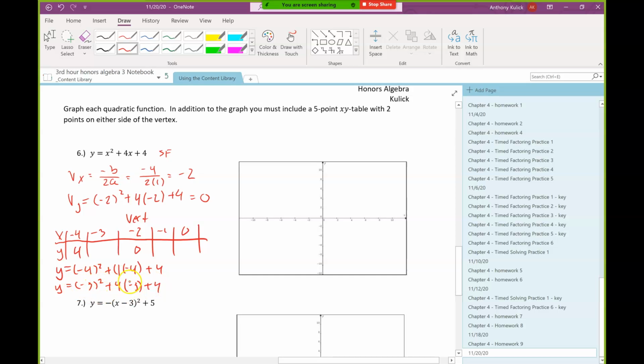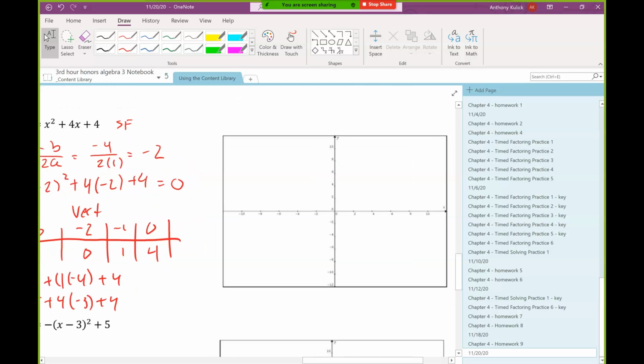Negative 3 squared is 9. 4 times negative 3 is negative 12. Plus 4 is 1. And because I've picked my x-coordinates so that they're the same distance from the vertex on each side, I know that the y-coordinates are going to be the same also. If you didn't remember that, you could have just continued plugging things in and you would have gotten the same y values though. So all that's left to do now is to plot.